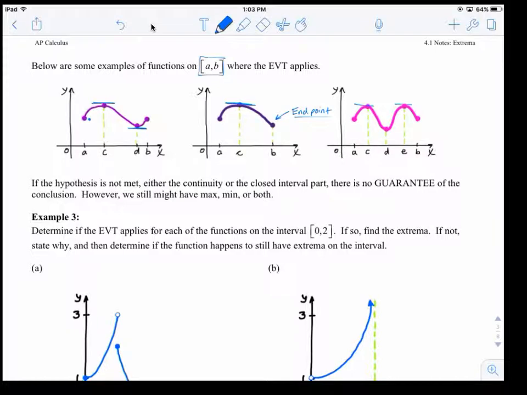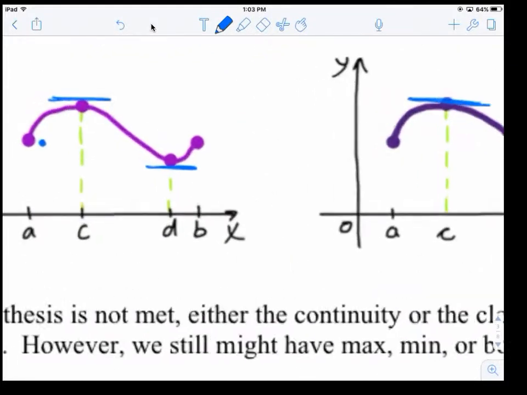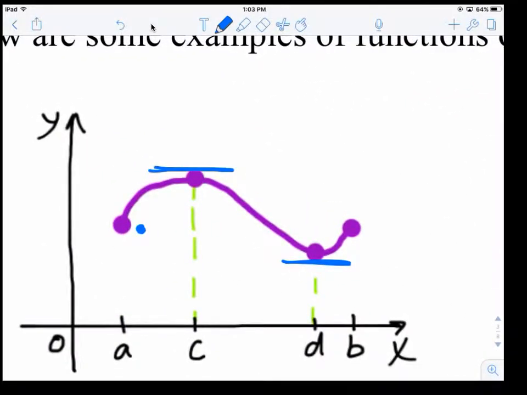Okay, so if the hypothesis is not met, either the continuity or the closed interval part, there's no guarantee of the conclusion. However, you still might have a max, min, or both. So if you do not have a continuous function, say, for example, we had a hole right there, so now from a to b, this function is no longer continuous.